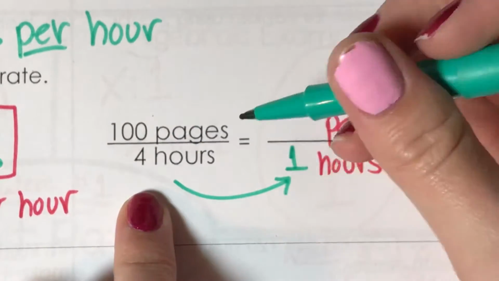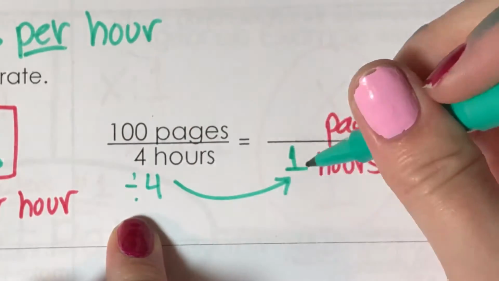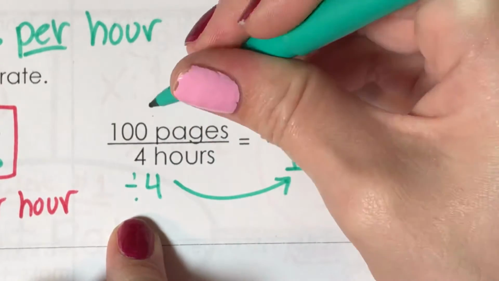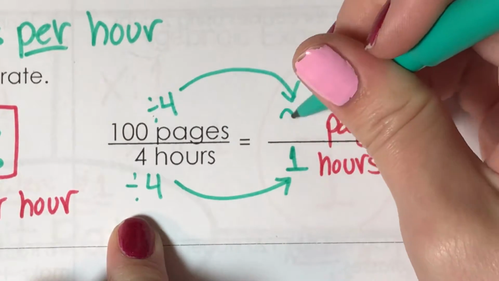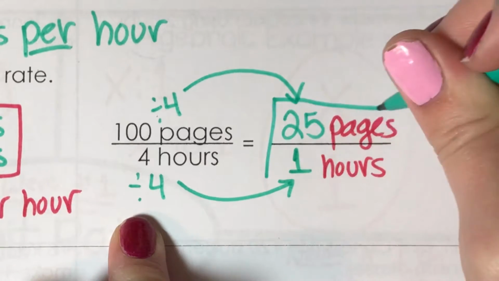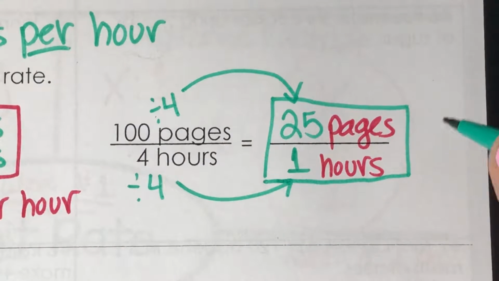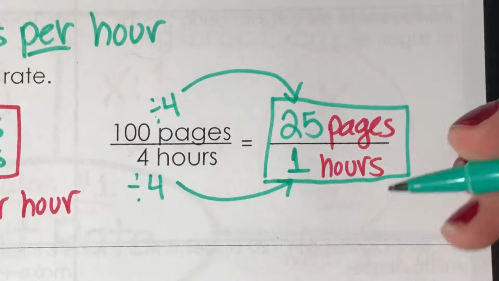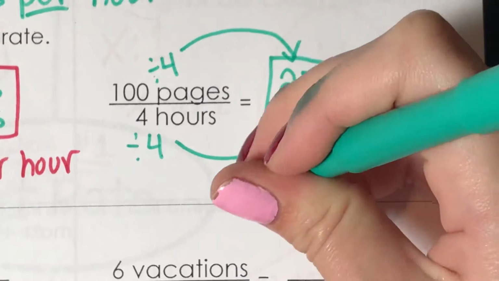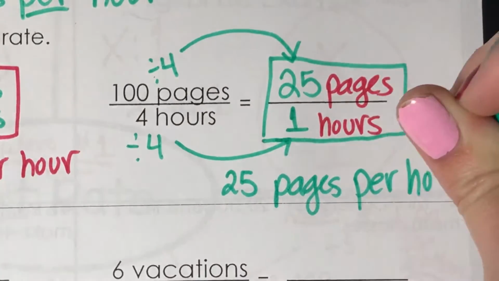Well, any number divided by itself will get me to 1. So 4 divided by 4 is 1. What I divide on the bottom, I'm going to divide on the top. 100 divided by 4 is 25. There is my unit rate. So the question might be, if I read 100 pages in 4 hours, that means I read 25 pages per hour.